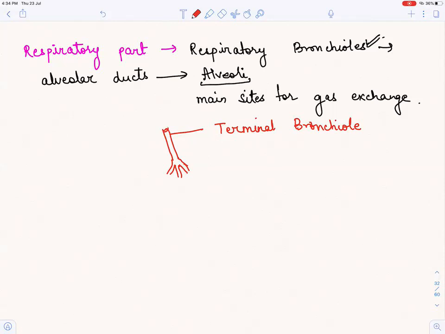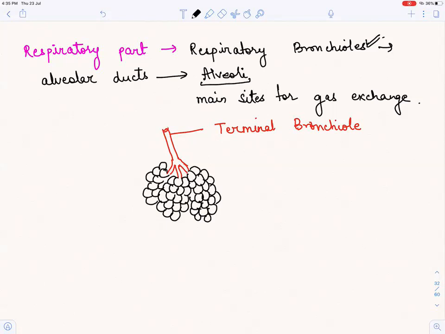These alveolar ducts will have the alveoli, which are the main sites of gas exchange. And what are alveoli? They are simple, just one-layered cells for easy diffusion of gases. So these are all alveoli.